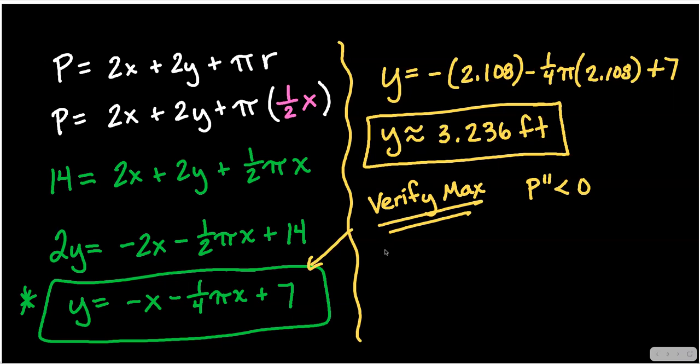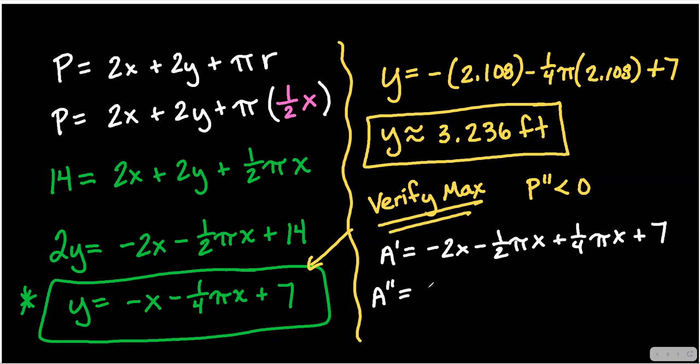So if I take my first derivative, which was negative 2x minus 1/2 pi x plus 1/4 pi x plus 7, and I take the second derivative, it's going to give me negative 2 minus 1/2 pi plus 1/4 pi. That becomes less than 0, and you can clearly see that's less than 0.